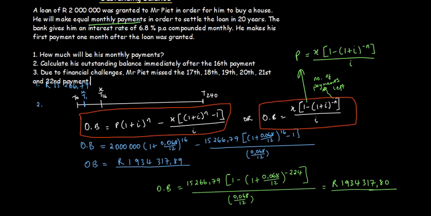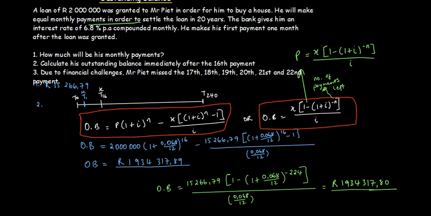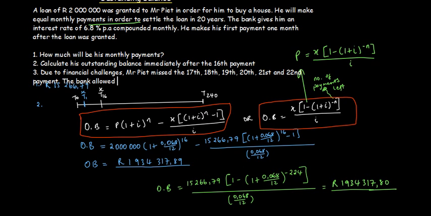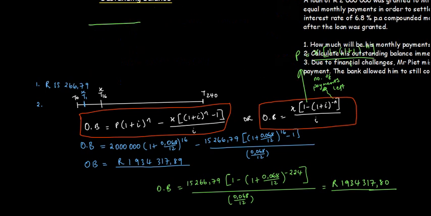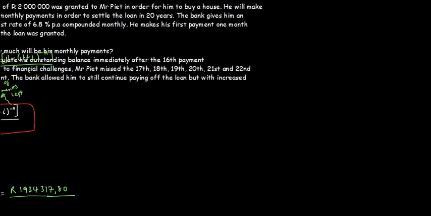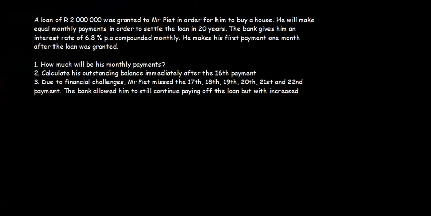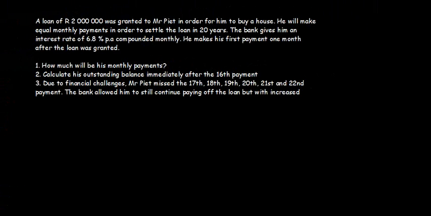Due to some challenges, it happens in life. So then they say the bank allowed him to still continue paying off the loan, but with increased monthly payments. Let me put it this side so that we can see it. I'm writing it here because we're going to need the information from the last calculation.